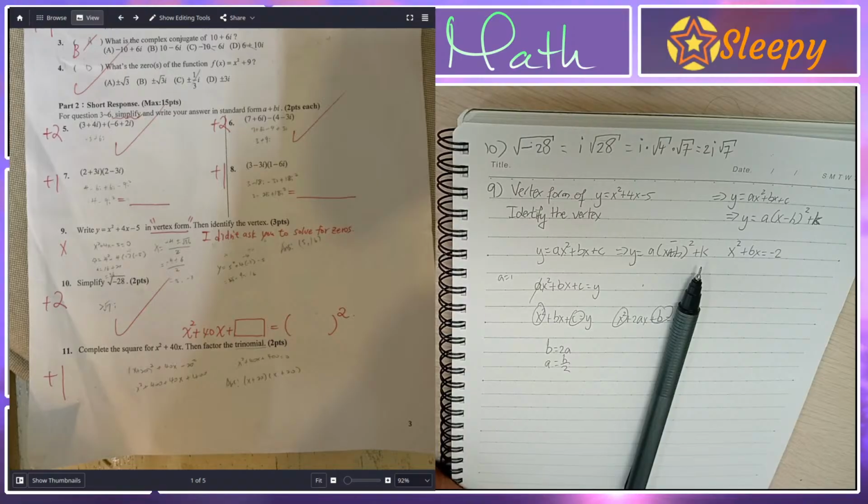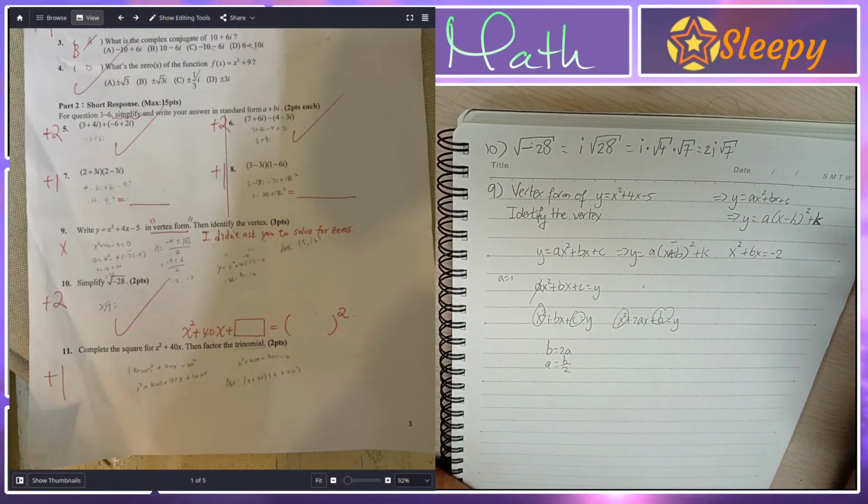Fair enough. So this is called completing the square.